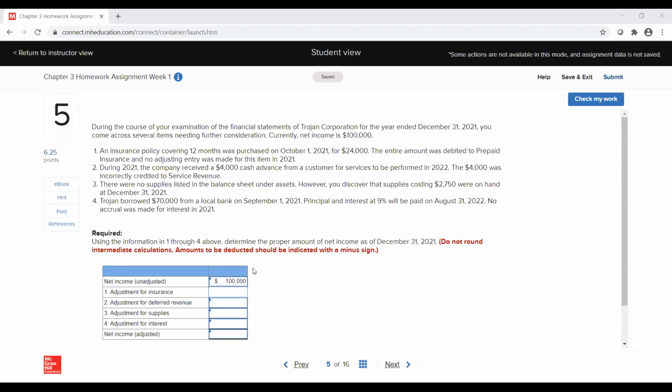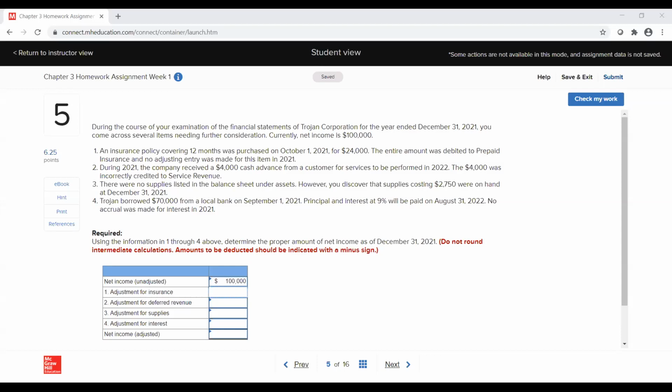What adjusting journal entry should we do at December 31st of 2021 to record what's happened already? Negative 6,000. Yes, negative 6,000.